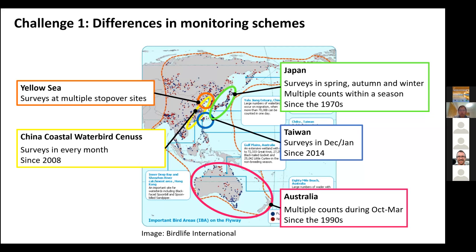For example, some schemes are based on multiple counts per season, while others do a single snapshot survey every year. I'm sure the other speakers will go into the detail of each survey, but there must be many other differences in survey details, which we will need to take into account when using all the data together.